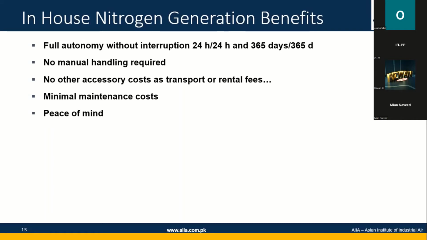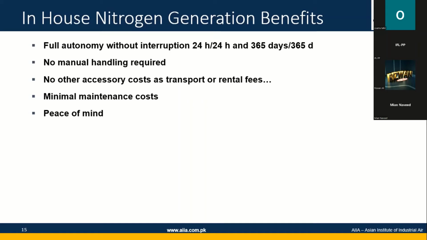And minimal maintenance cost. The maintenance cost is almost negligible. I'm saying this because in PSA technology, we use carbon molecular sieves, right? And carbon molecular sieves last a pretty long time. And there is no motor involved, you do not have to change the oil. So the maintenance cost is very minimal.